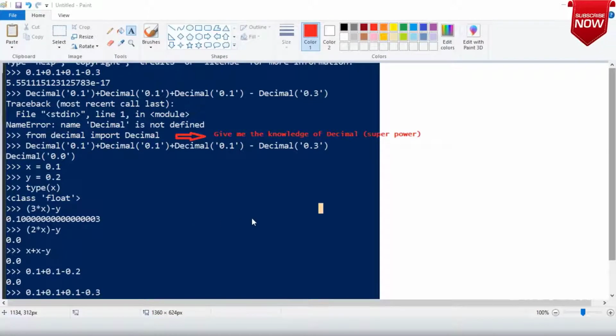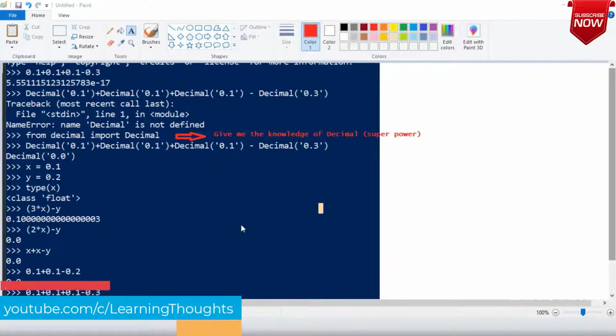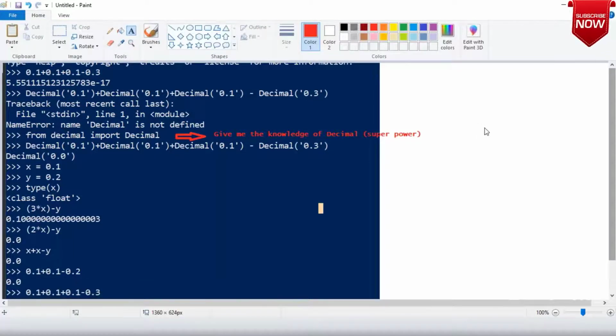Sir, if you do decimal of 5.5, then we can't get back to 0. Right, don't do 5.5. There is some expression over here, but I don't want to confuse you at this moment. I want to just showcase this problem. Whenever you are using floats, you might have some issues.